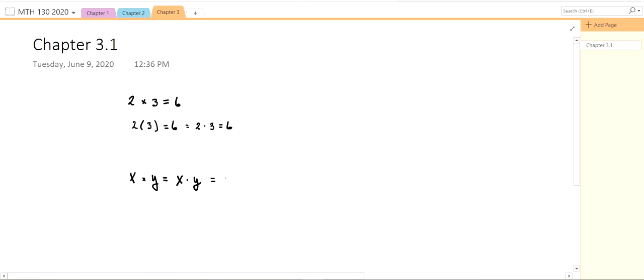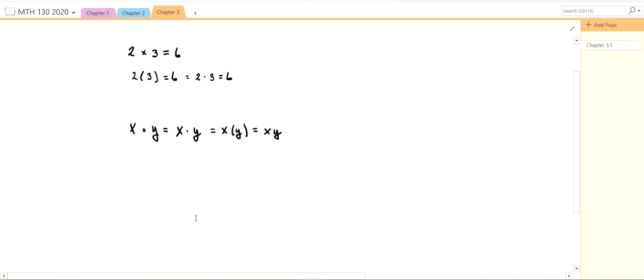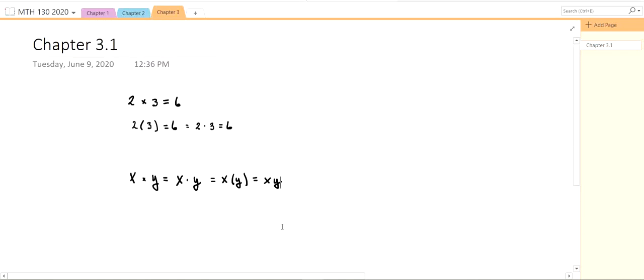And we could also write that x and y, that's also the same thing. Or they'll just drop everything out of the way. Just have kind of a gentleman's agreement that when we have variables next to each other, there's a multiplication occurring.